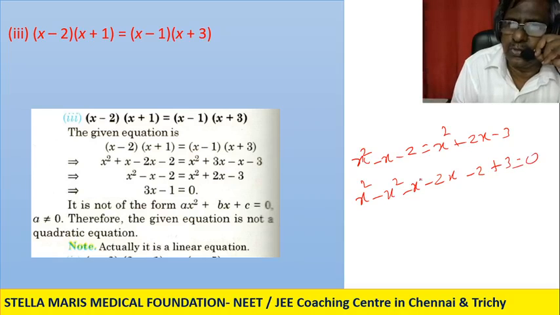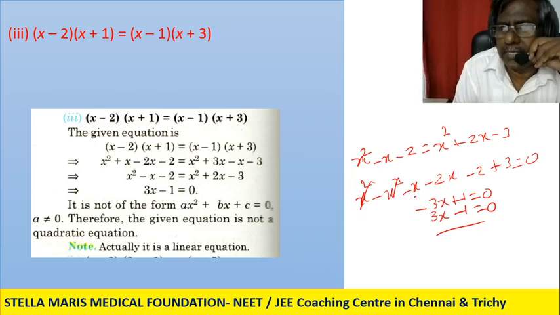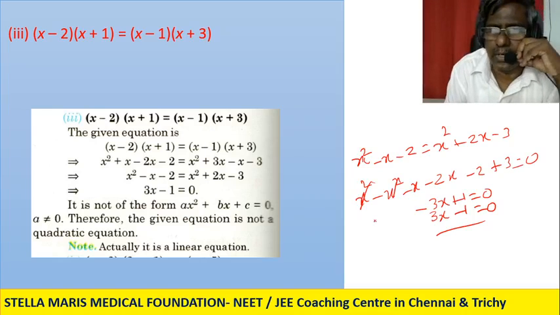This x square gets cancelled. Minus x minus 2x will be minus 3x plus 1 is equal to 0, or multiplying by minus, 3x minus 1 is equal to 0. So it is not a quadratic equation.